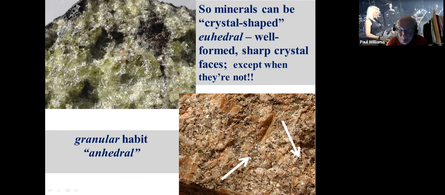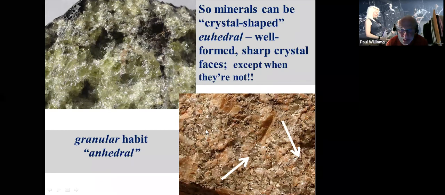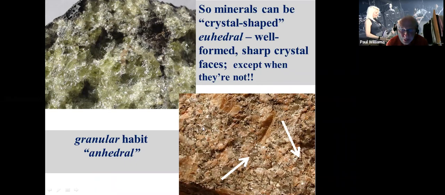Here, well, look, there's this bit there, and that bit there, and that bit there, and that bit there. So none of these have got any reasonable crystal shape. We call that, well, that's granular habit, or to give it its proper term, anhedral.